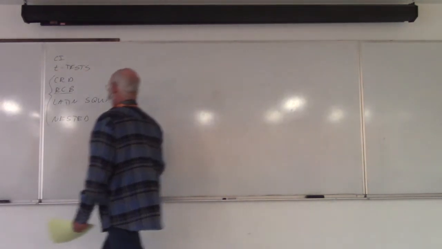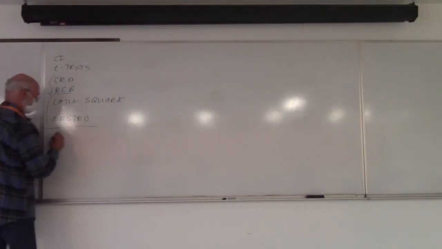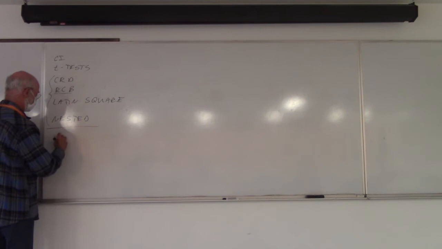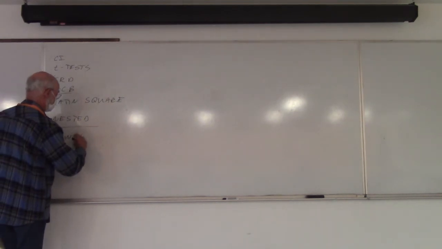What we're going to do now is make a giant leap and start talking about multi-level ANOVAs. So instead of just doing a one-way ANOVA, we're now going to start talking about n-way ANOVAs.